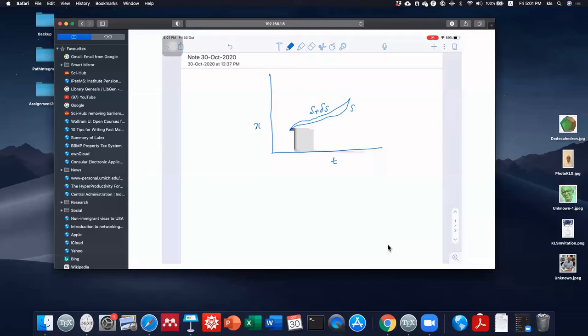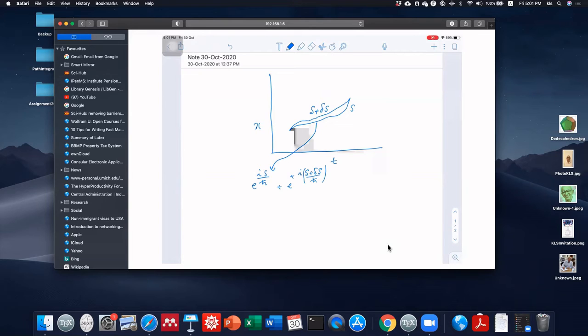When you calculate the contribution from these two paths, you will have e to the power of iS by h cross as the contribution from this path, plus e to the power of i times S plus delta S divided by h cross.